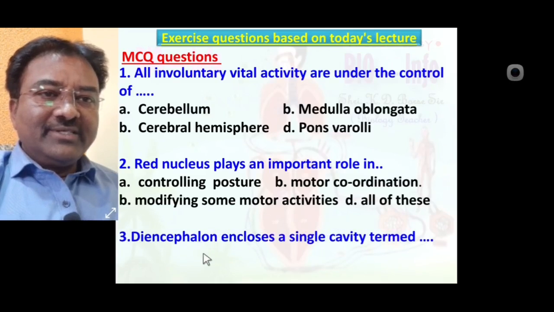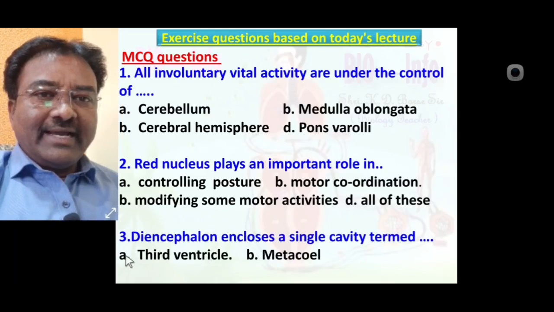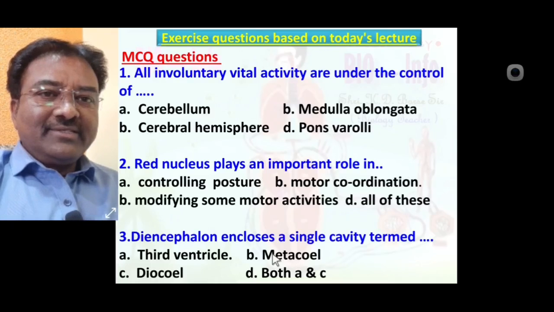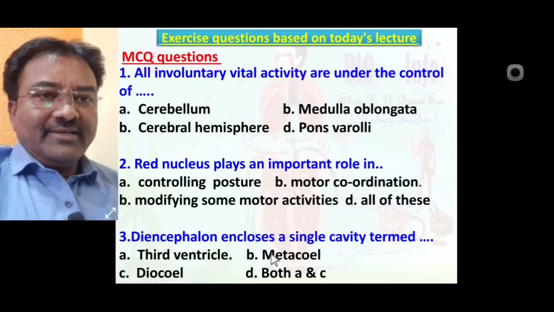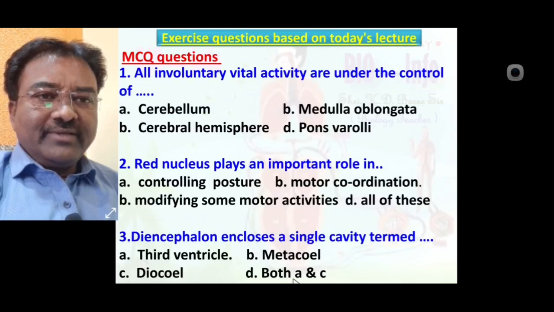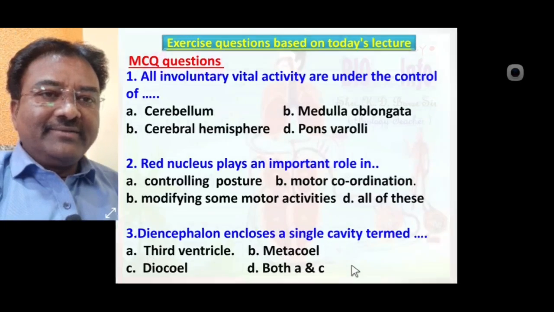Diencephalon includes a single cavity termed as: third ventricle, metacele, diocele, both A and C. Yes, the correct answer is both A and C, because diencephalon encloses a cavity called the third ventricle, also called diocele.